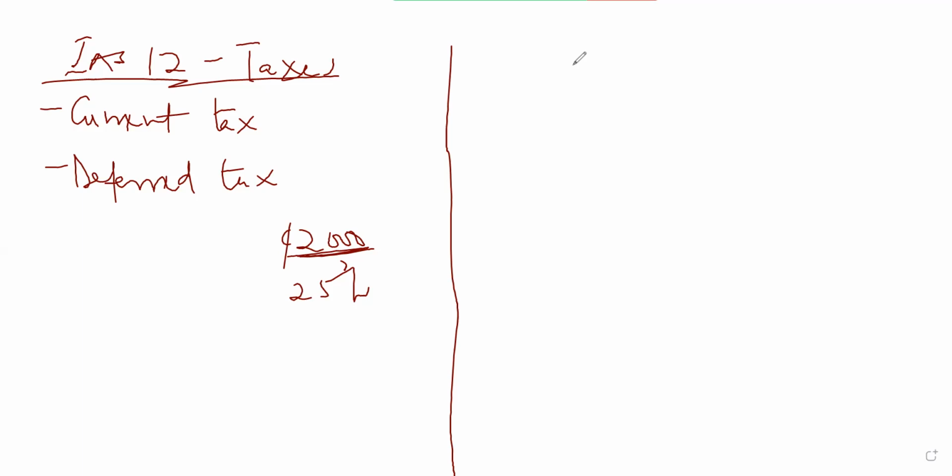There's no way they will know. It is after the financial year that the actual tax they are going to pay to the tax authority will be known by them.